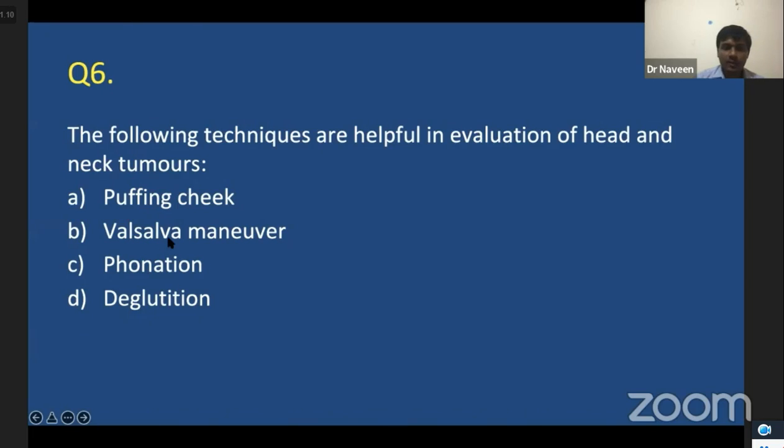The Valsalva maneuver is not done. Actually, it's a modified Valsalva maneuver. Valsalva maneuver is expiration through a closed glottis, whereas modified Valsalva is expiration through a puffed cheek. So the modified Valsalva maneuver is done, not the Valsalva. So the correct answer is the puff cheek and the phonation. A and C are right.